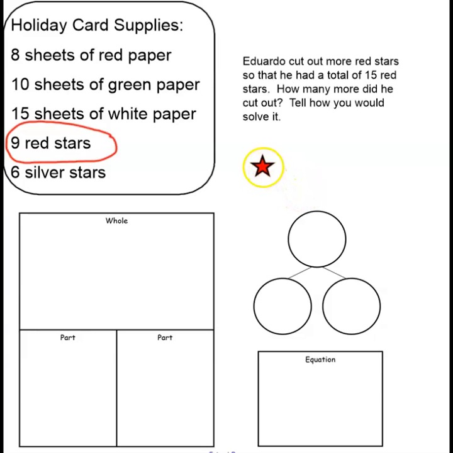So I also have some stars here to help us model and represent the problem. So let's use our part whole mat. How many did we start out with? 9. Can you help me count 9 stars?